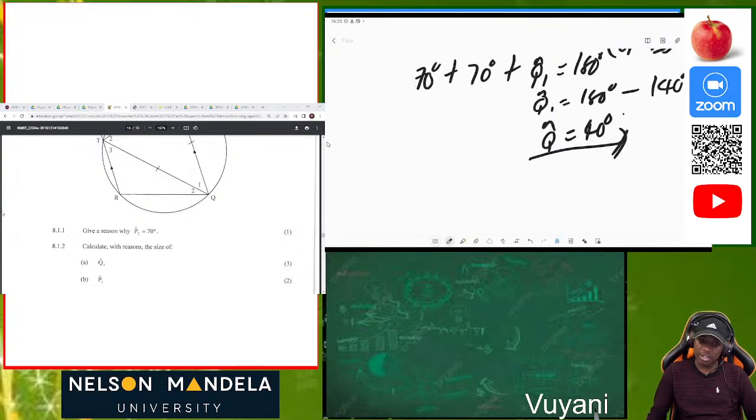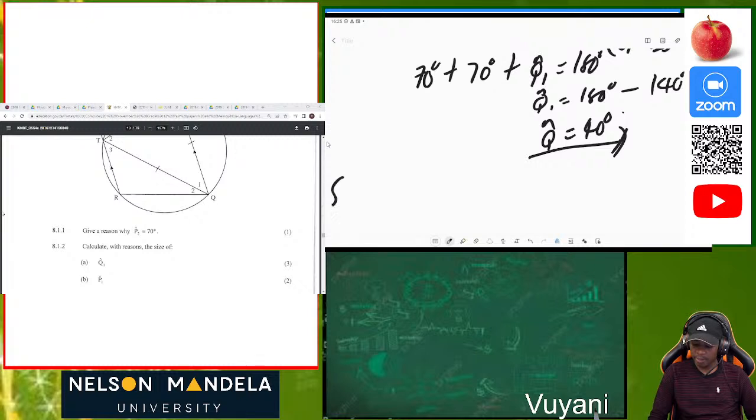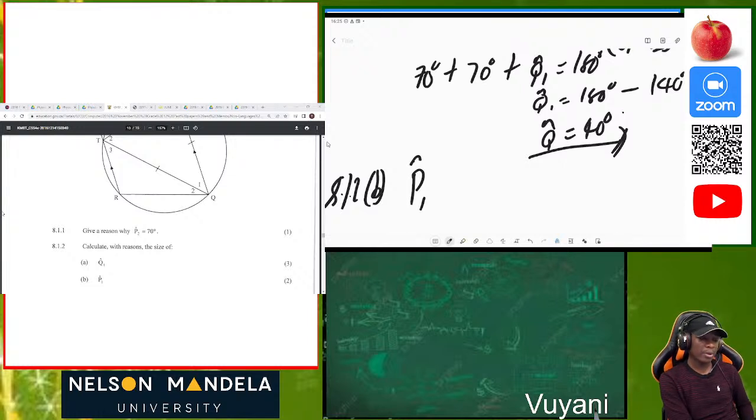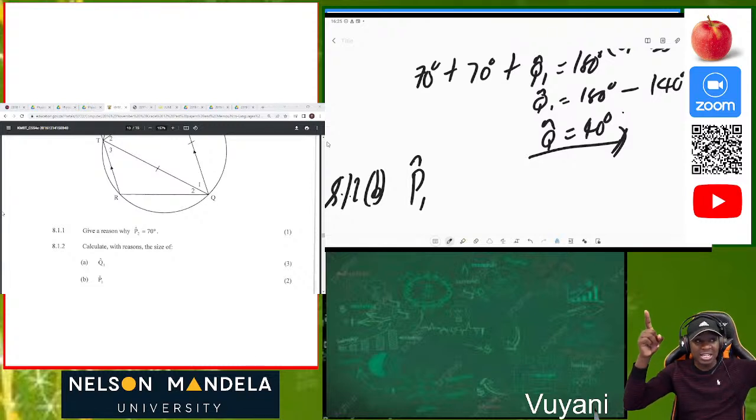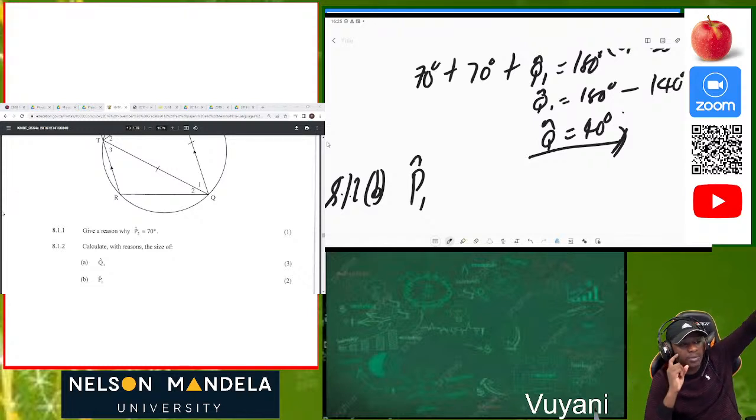Great. Now the next question, which is 8.1.2b, they said calculate or determine the angle P1. Where is P1? Now we can actually say that P1 will be equal to Q1, because we hold that tangent SP, and now the chord which that tangent SP is that side.